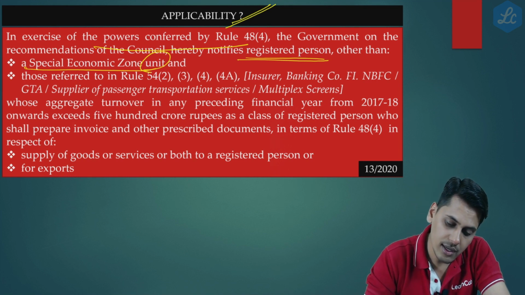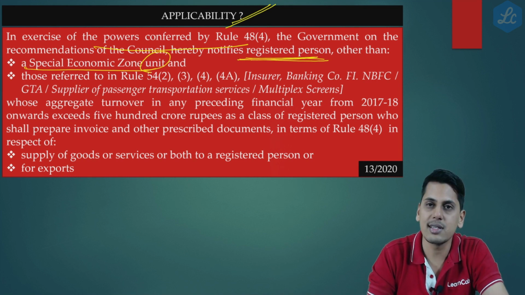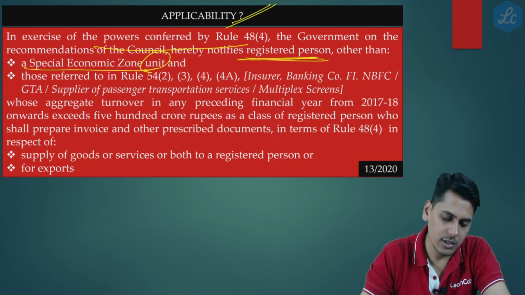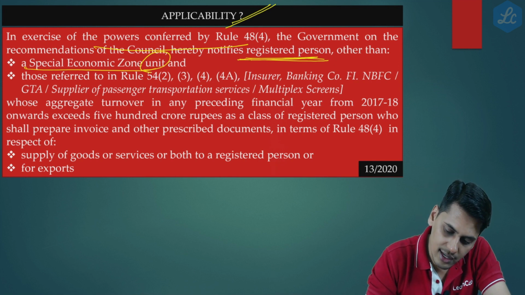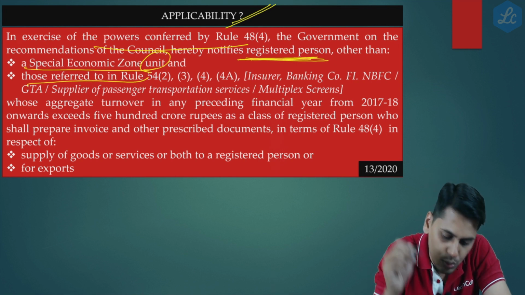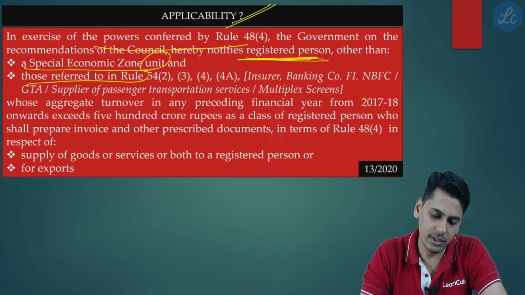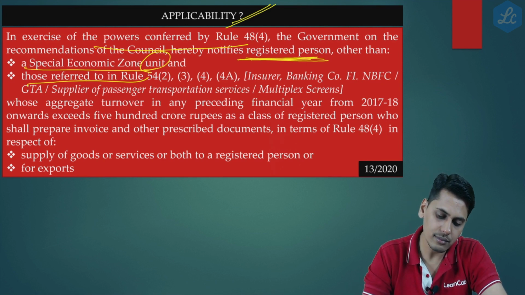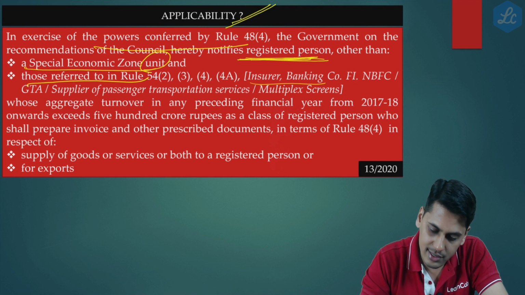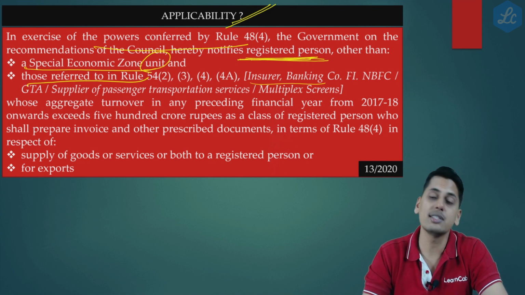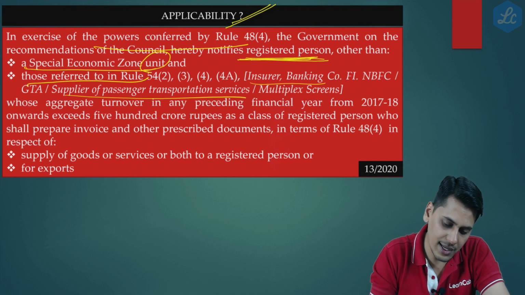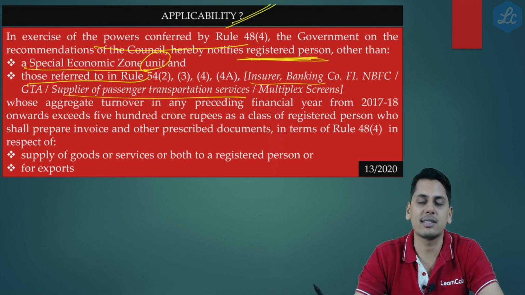I repeat, hereby notifies registered persons other than a special economic zone unit, and other than those who are referred to in 54 sub rule 2, 3, 4, 4A. They are insurers, banking companies, financial institutions, NBFCs, GTA, suppliers of passenger transportation service and multiplex screens.